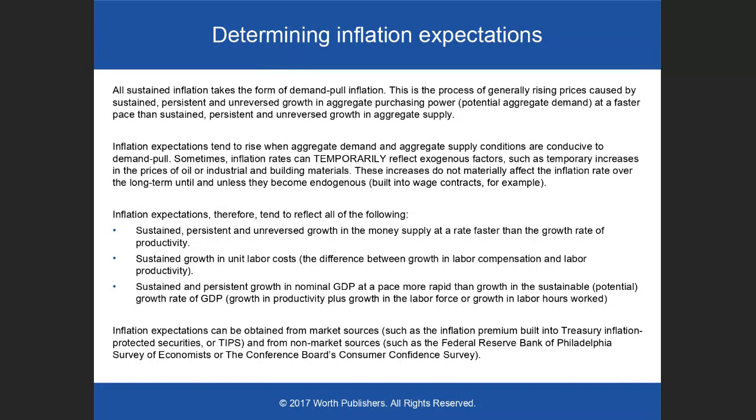No. It goes up and up and up. That's what unreversed means. Growth in the money supply at a rate that's faster than the growth of productivity. In other words, you get persistent growth in the ability of households, businesses, and governments to buy at a rate faster than the growth of productivity, which brings goods and services to market supply. You're going to get inflation. So that's one thing we watch.